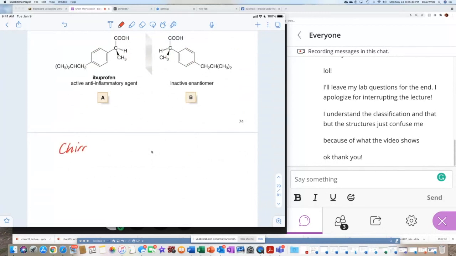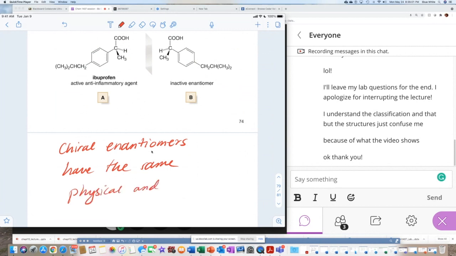Chiral compounds, chiral enantiomers, right? The twins, so to say, enantiomers have the same physical and chemical properties. Okay?